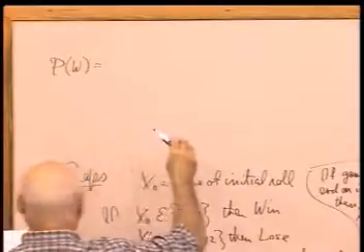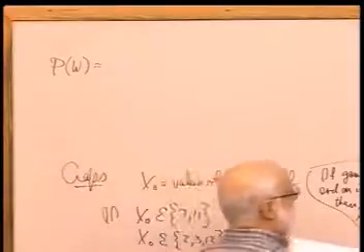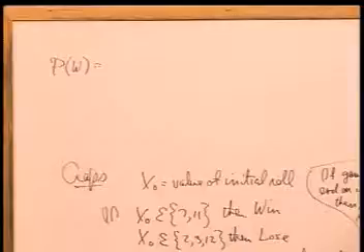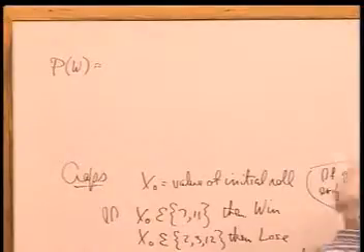The probability of winning is equal to, now I'm going into this formula, and I'm just going to plug in the values. So when I is equal to 2, then of course I lose. So in the cases where I is equal to 2, 3, or 12, this is replaced by 0, so those terms don't appear. And when I is equal to 7 or 11, this term is replaced by 1, so I can take those terms out.